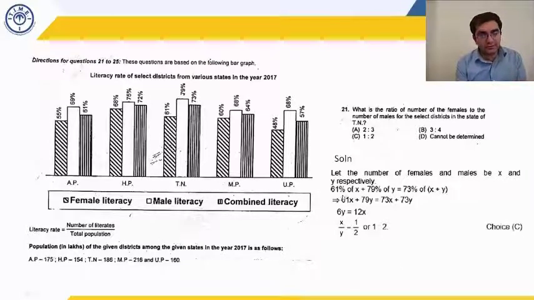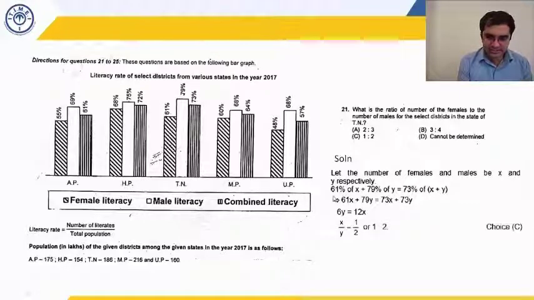And you can therefore find out the number of literate females, the number of literate males, the number of illiterate females, the number of illiterate males. Everything is given. And all we need to see is, do we need to calculate the absolute values or not? Like in this question, you did not need to calculate the absolute values because you just needed a ratio.